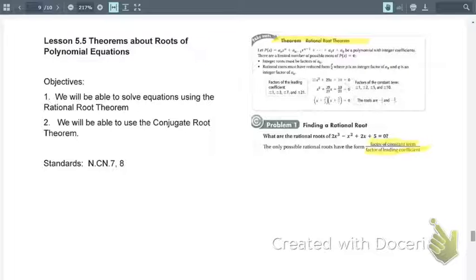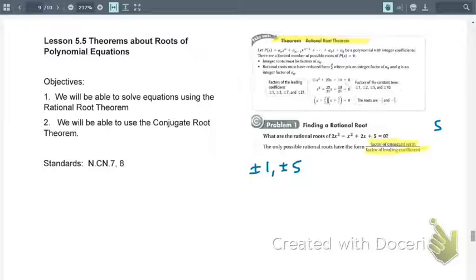Alright, so let's begin. We look at 2x cubed minus x squared plus 2x plus 5 equals 0. The constant term is 5, so we're going to write down the factors of 5. Plus or minus 1 and plus or minus 5 are the factors.